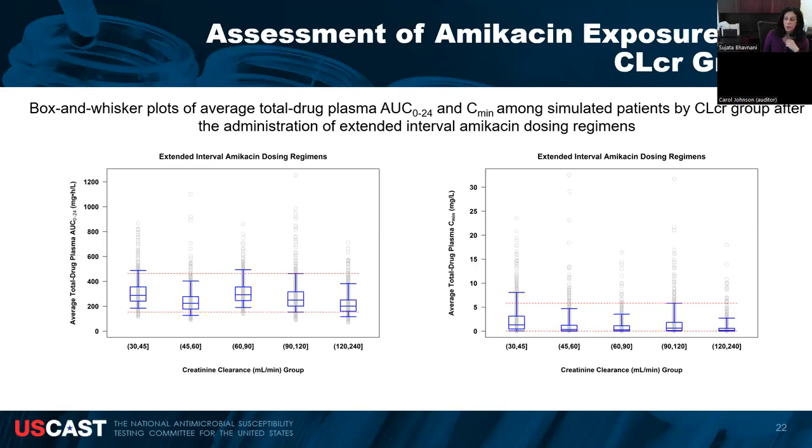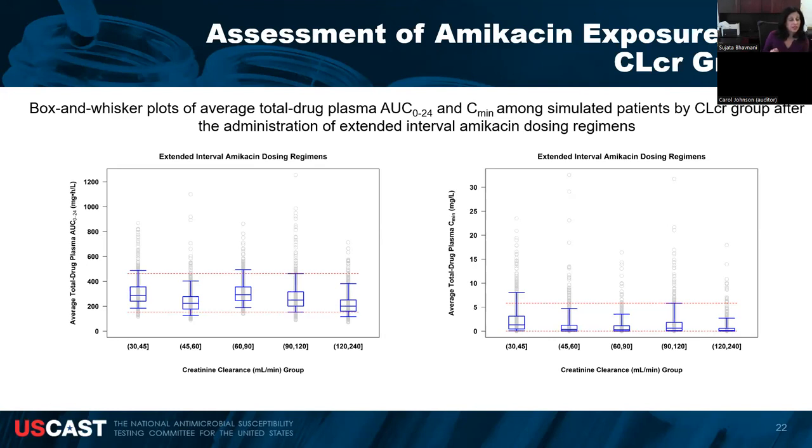So one thing that we wanted to consider as we thought about extrapolating the safety data for amikacin is the original box and whisker plots that we looked at. I showed you the example for gentamicin, but we also have these included in our report posted on the website for each of the other aminoglycosides. And so if you look at amikacin, AUC, and Cmin box plots, you can see that in the case of AUC, we are in that range of about 380 for the vast majority of these renal groups.